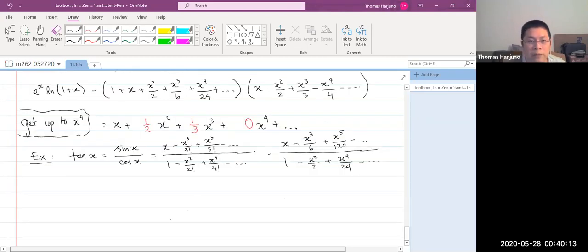Now I will divide this: x cubed over 6 plus x to the 5th over 120 and on, divided by 1 minus x squared over 2 plus x to the 4th over 24 and on.